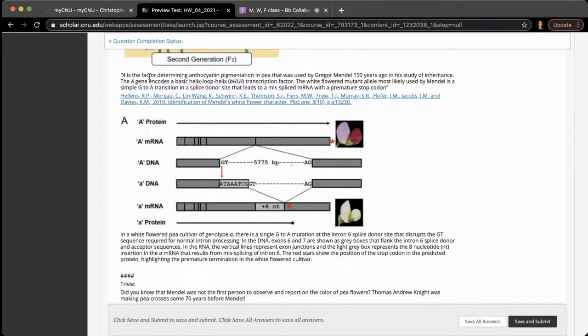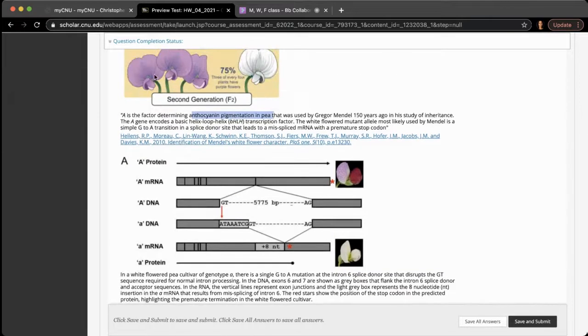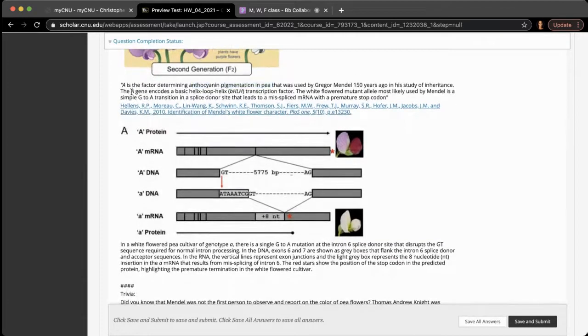So the A factor determines anthocyanin pigmentation in pea, and that's what he studied when he was making these crosses. The A gene encodes what's called a basic helix-loop-helix. And what is that? That is a transcription factor. In class, we looked at a gene that encoded an enzyme, chalcone synthase, in snapdragons.